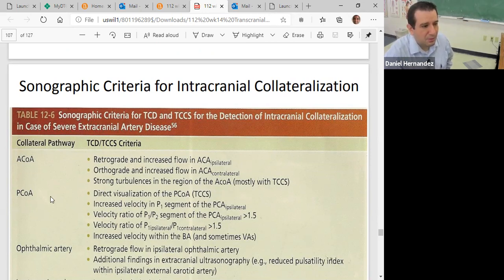With our posterior communicating artery, we'll demonstrate direct visualization of the posterior communicating artery. We'll have increased velocities in the P1 segment on the same side.